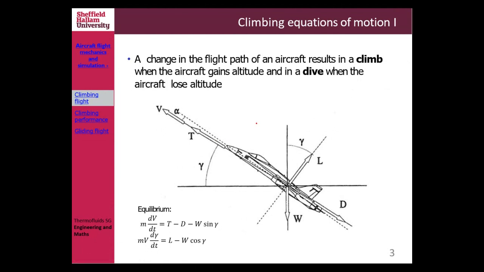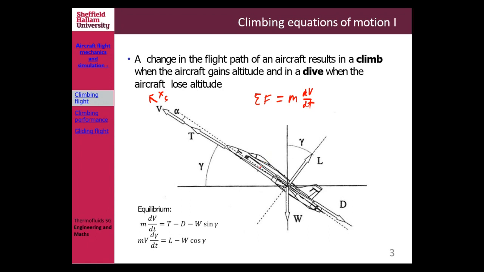If you look at the equation of motion again, we always start with Newton's second law, which is obviously sigma force is equal to mass times acceleration. In this case, let's write it as m dV/dt. Then sigma force, if you look at the stability axis or wind axis, which is in this direction, this is your x stability, or sometimes x with a subscript w, because it is aligned with the wind coming to your aircraft.